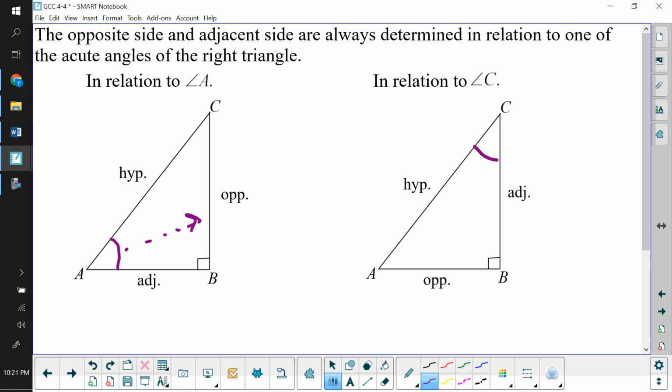But if we went in relation from angle C, our opposite is now AB, our adjacent, the one next to it that's not the hypotenuse, is CB, and then the hypotenuse is AC. So it all depends which acute angle you are in relation to.